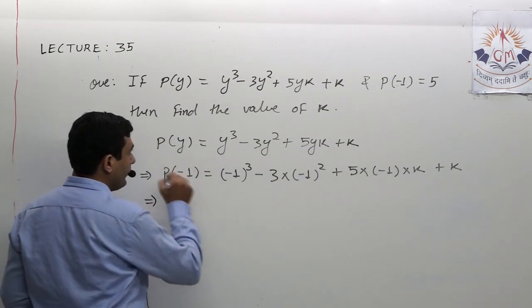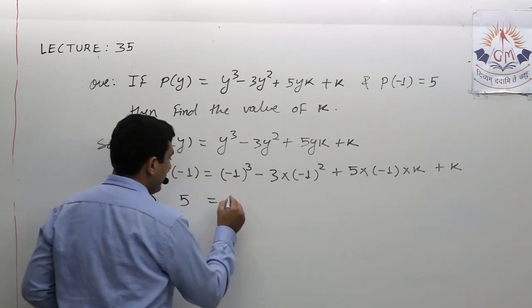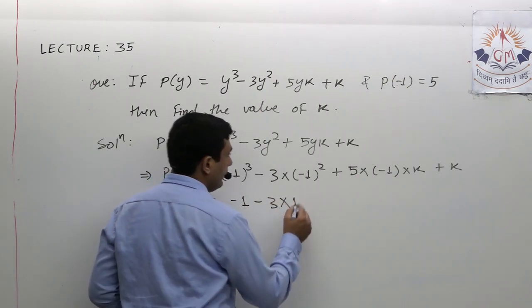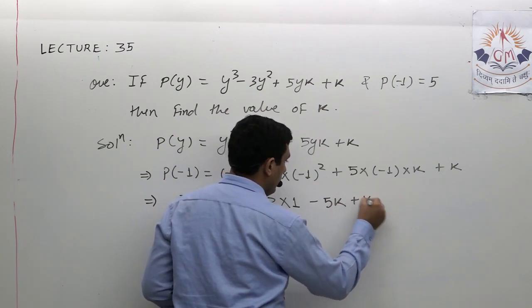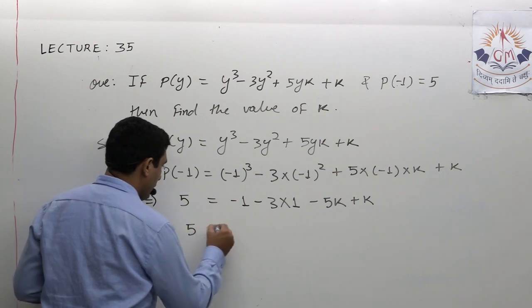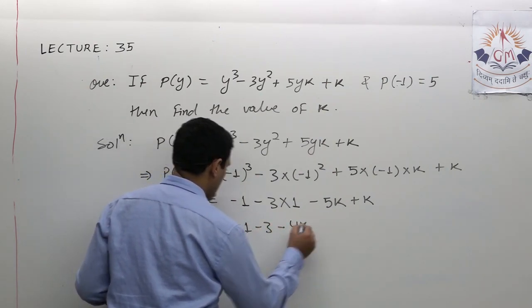Now p of minus 1 according to the question is 5, so I am writing 5 over here, and over here it will be minus 1 minus 3 into 1, then minus 5k plus k. So over here what I will get, 5 equal to minus 1 minus 3 minus 4k.